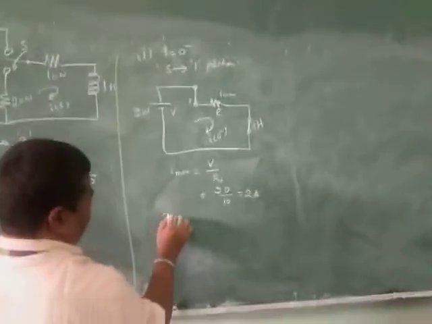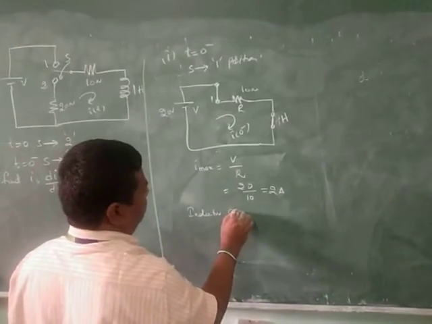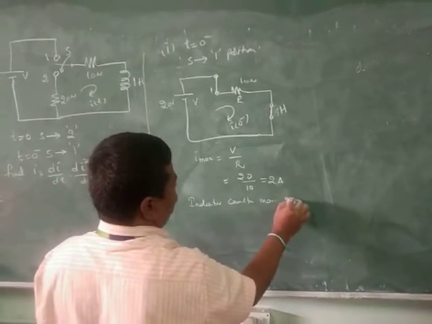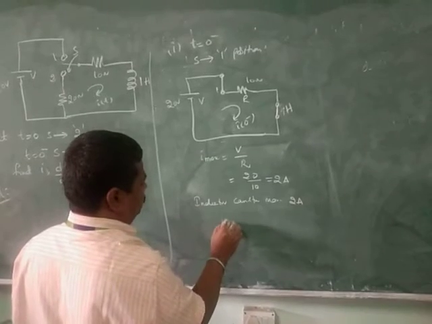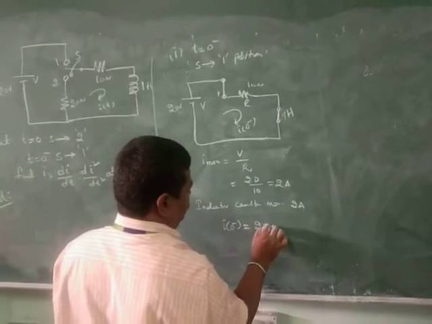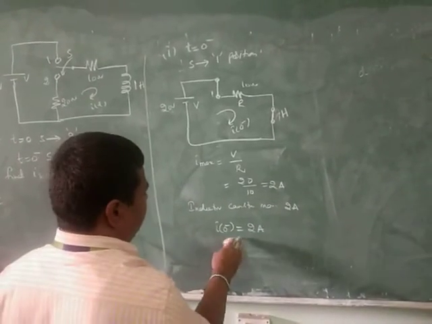That means the inductor can store a maximum of 2 ampere current. So I of 0 minus is equal to 2 ampere, so the initial current through the inductor is 2 ampere.